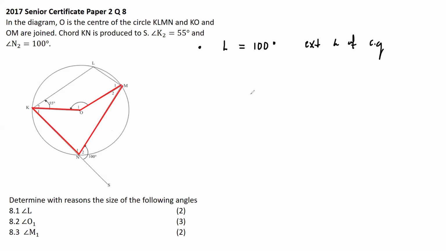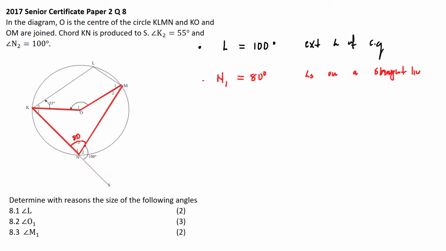Okay, sharp. N1 is 80. Why would I say N1 is 80? It's because of angles on a straight line. If you add N1 and N2, you get 180, so N1 is 80.